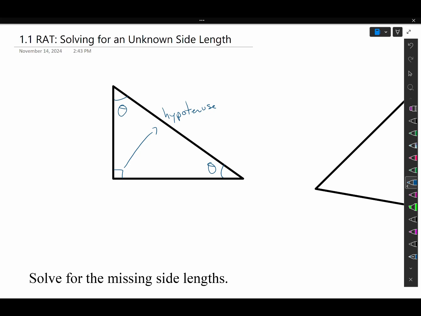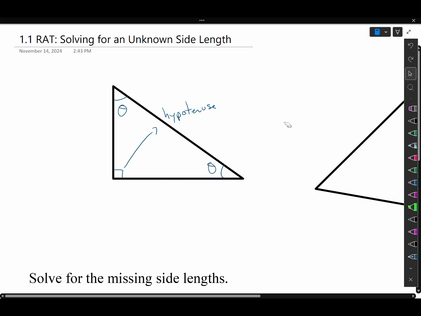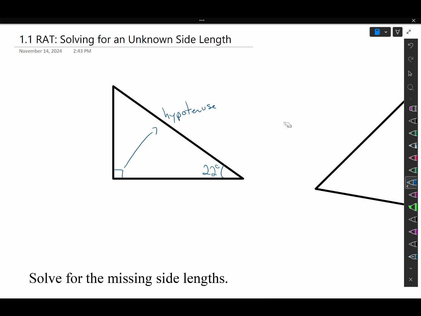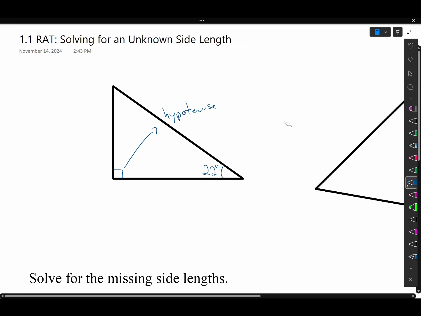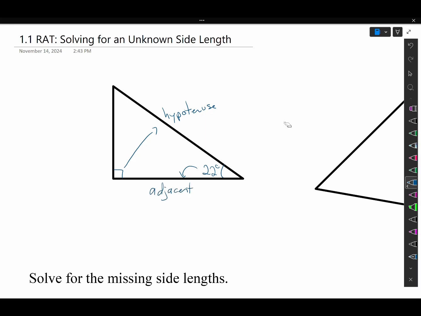You might have an angle theta in there, or you might have a numerical value in there, let's say 22 degrees right here. Now from this angle, we need this angle to label our other two sides. They are adjacent, which means beside, and so our adjacent side is beside that angle, and our opposite side is opposite of that angle. Nice and easy.